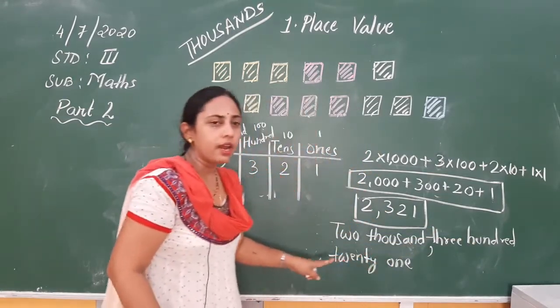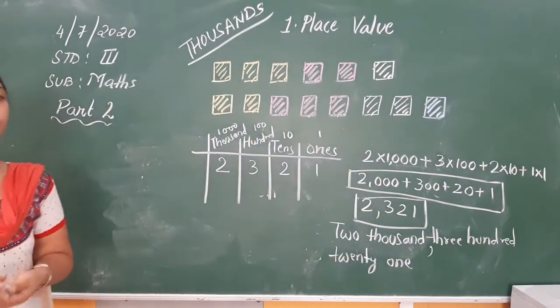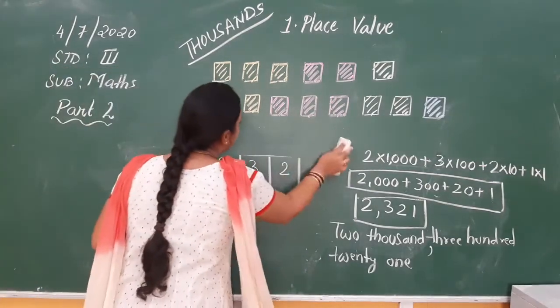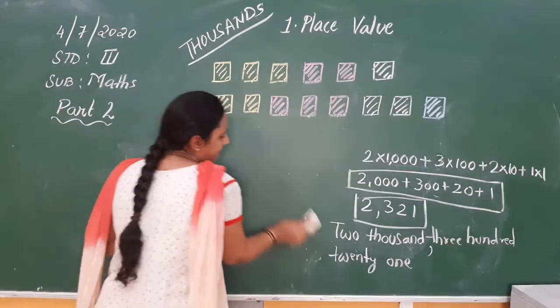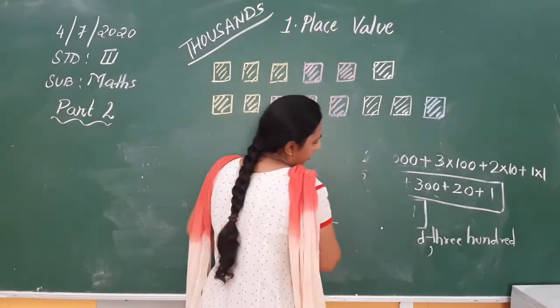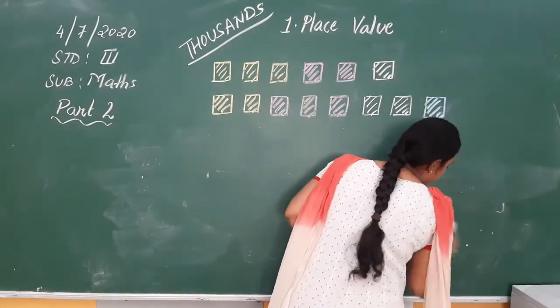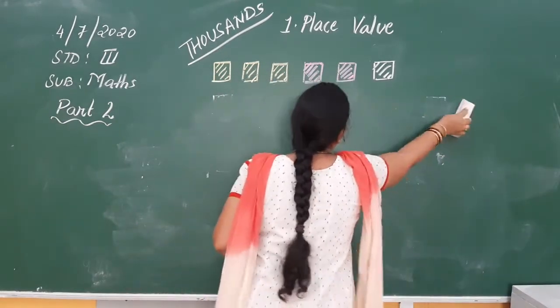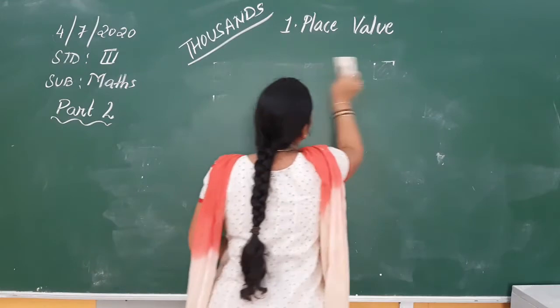Right? Now let us see if we have been given the words, how can we express that in numerals? In questions we may get the numbers in words and we have to write them as numerals.